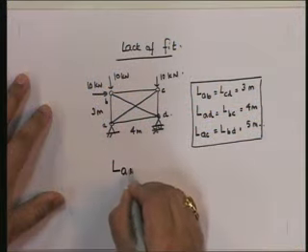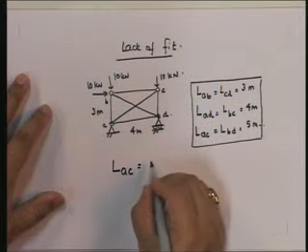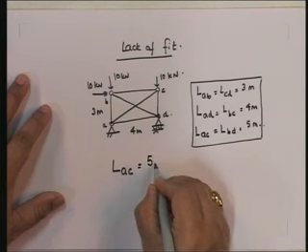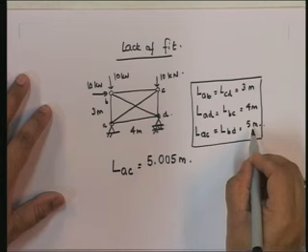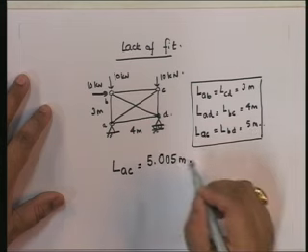In this particular case, let me take the situation that, let's say, AC, when we cut it, actually turns out to be 5.005 meters instead of 5 meters. What does that mean?